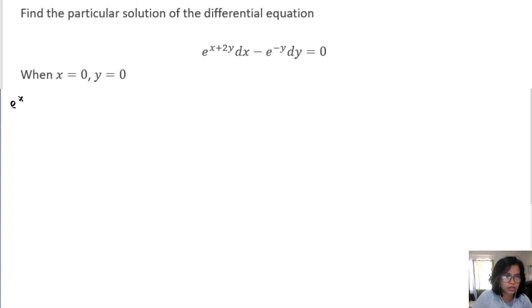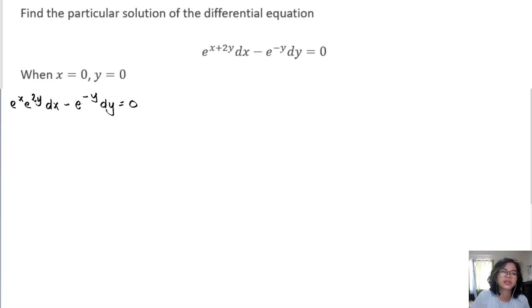This e to the x plus 2y, we can make that into this form. e to the x times e to the 2y. You get that? Minus e to the negative y dy equals 0.